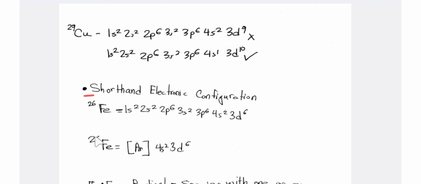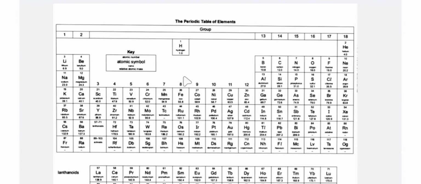So this is our electron arrangement. Instead of writing the total electron arrangement, we shorten it. Before iron, the only noble gas that comes is argon.